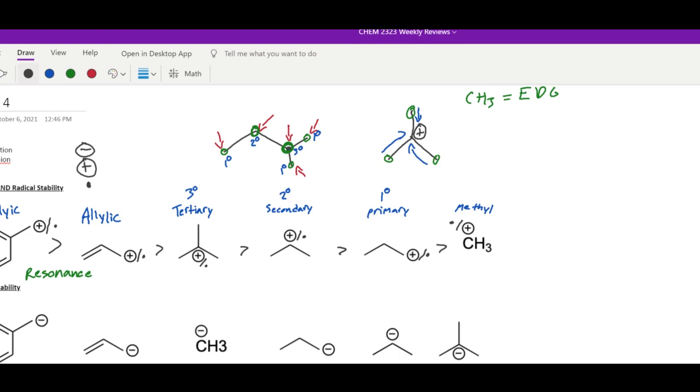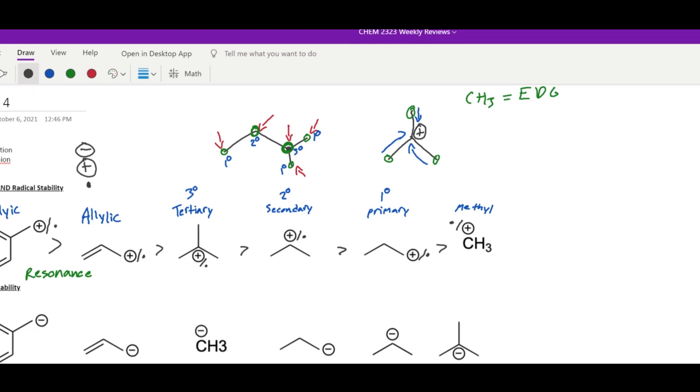But methyl groups are electron donators. So they give electrons to this positive charge. If these methyl groups were fluorine groups, then this tertiary carbon is going to be very unhappy because they are sucking in electrons that the carbon already lacks.